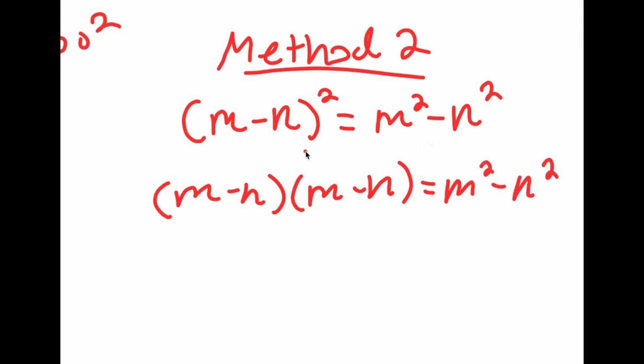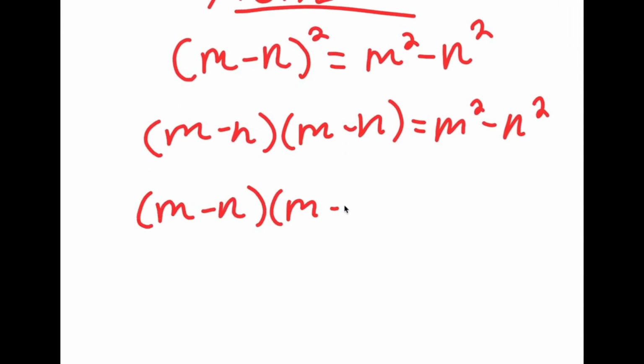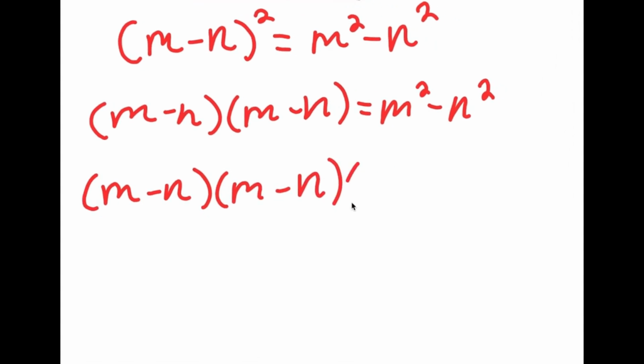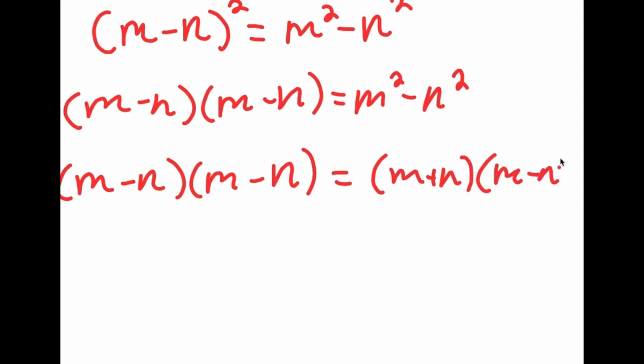And now from here, I'm going to rewrite m squared minus n squared as m plus n times m minus n.